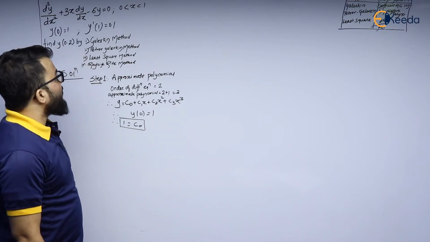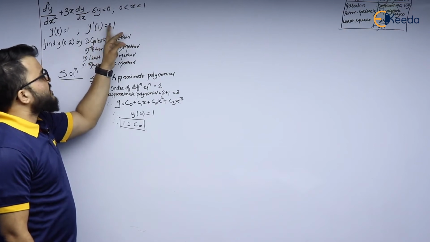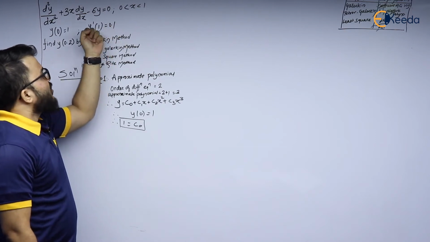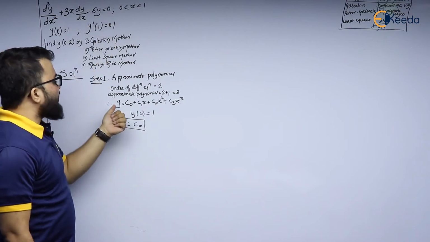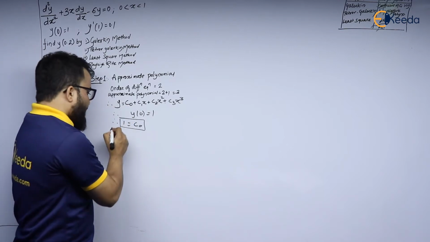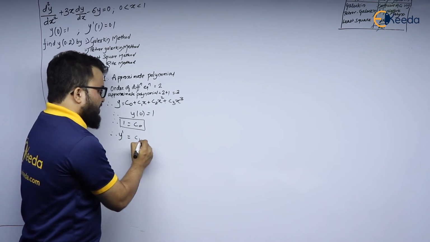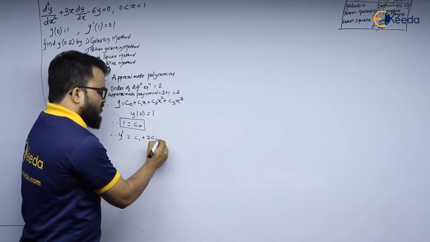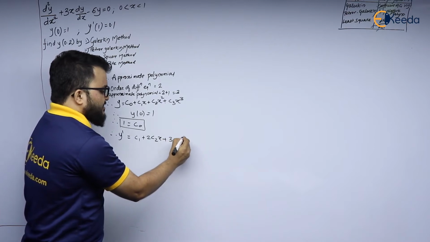Now the second boundary condition says y dash 1 equals 0.1. This is the natural boundary condition. Y dash is dy by dx, but we don't have any y dash term here, so we will differentiate this equation. If I differentiate, I will get c1 plus 2c2x plus 3c3x square.